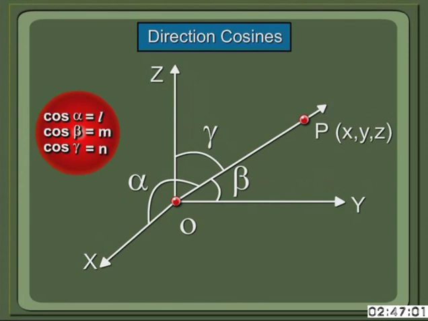The cosine values of these angles, that is cos alpha, cos beta, cos gamma, are called direction cosines of the vector R and usually denoted by l, m and n.